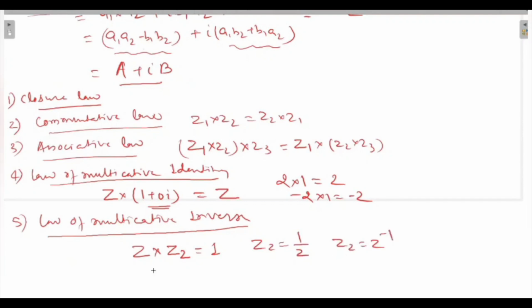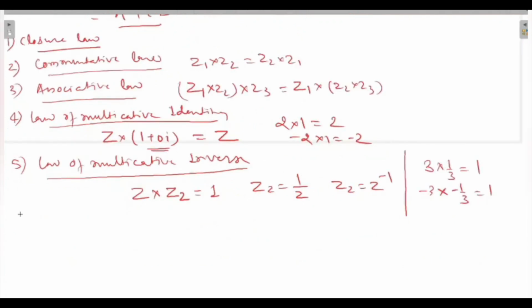Every number will have its own inverse, just as simple as for real numbers. For 3, there is 1 by 3, for which the product is 1. For minus 3, there is minus 1 by 3, using which you get 1. This is the law of multiplicative inverse.